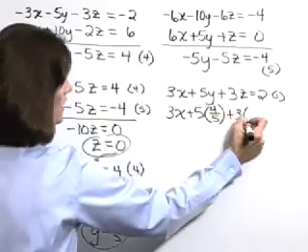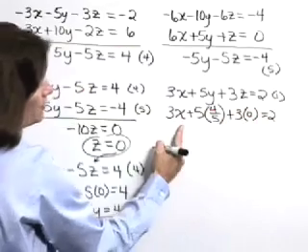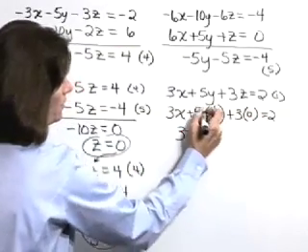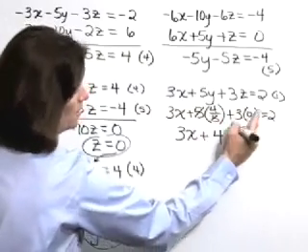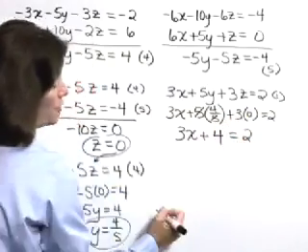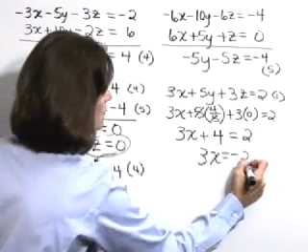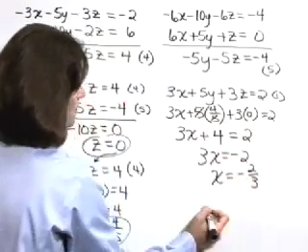We've solved for z. We found it to be 0. Now let's take this equation and solve for x. So 3x plus 4, this term cancels. That's equal to 2. 3x then is equal to negative 2, or x is equal to negative 2/3.